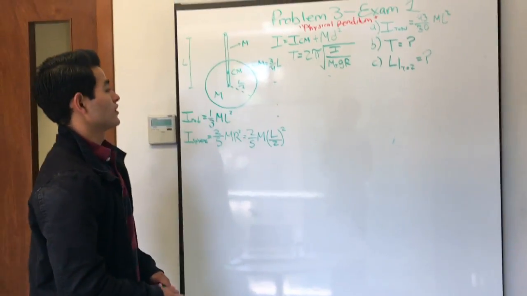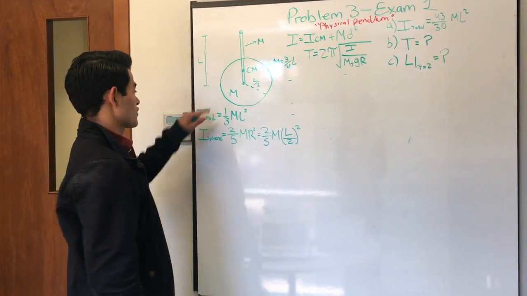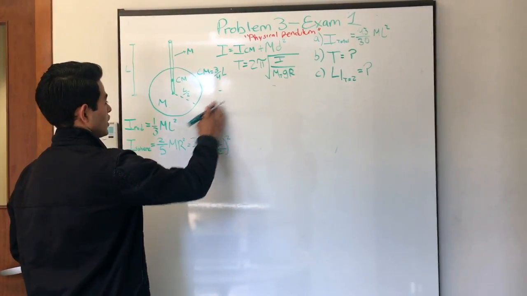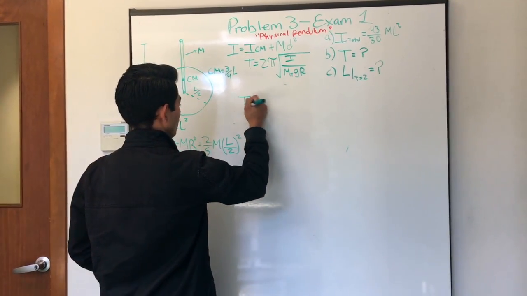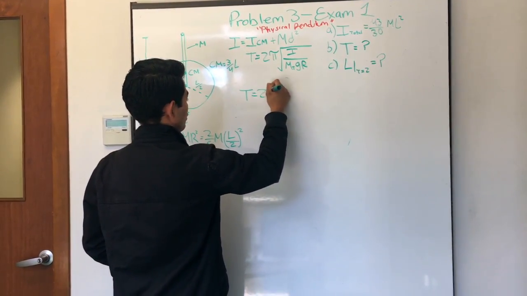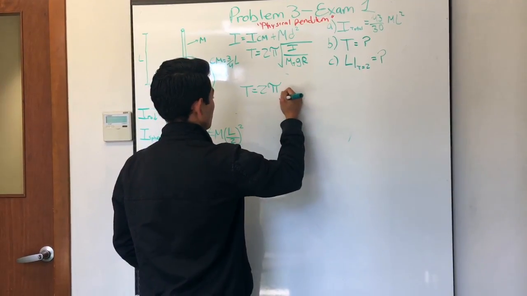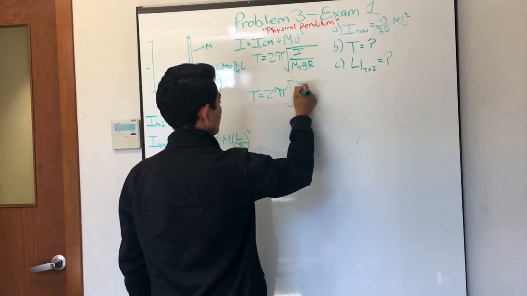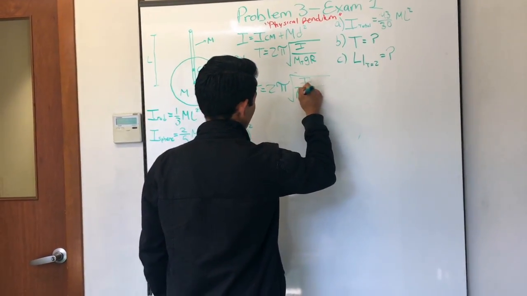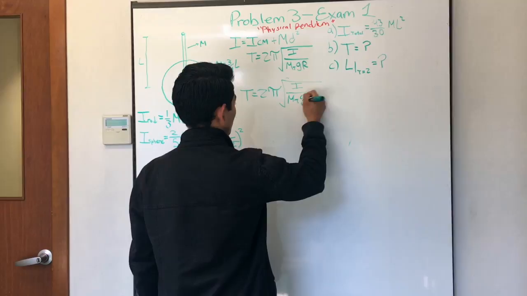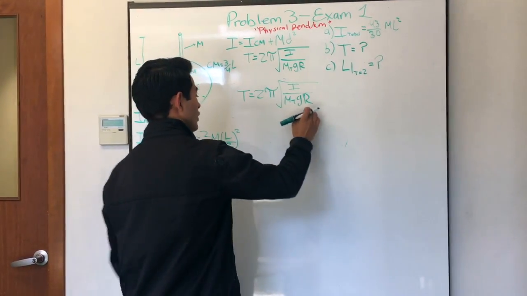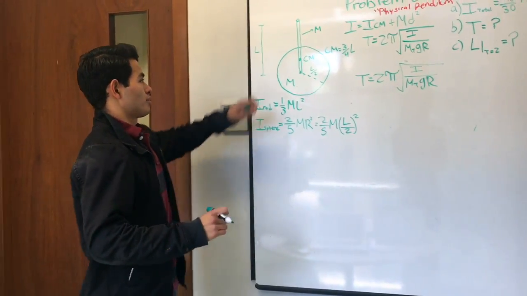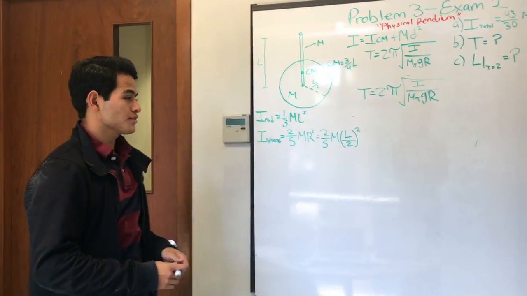Then we are asked to find the period for a small oscillation of this physical pendulum. The period for a physical pendulum is 2 pi times the square root of the inertia over the total mass times the gravity times r, which in this case is the distance from the pivot to the center of mass.